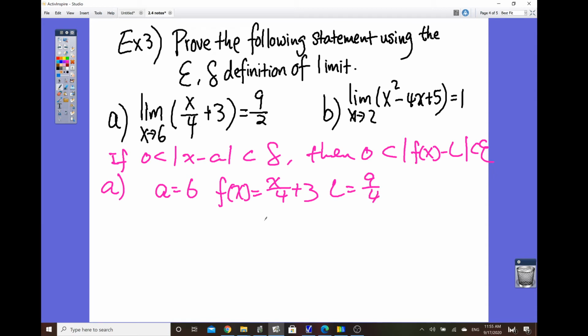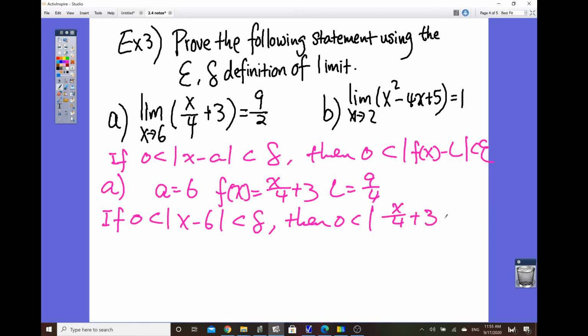So what we want to do here is set up the conditional statement. If 0 is less than absolute value of x minus 6, which is less than delta, then 0 is less than absolute value of x over 4 plus 3 minus L, which is 9 over 4, which is less than epsilon. Anytime we want to solve for delta or prove things, you always want to start with the conclusion.